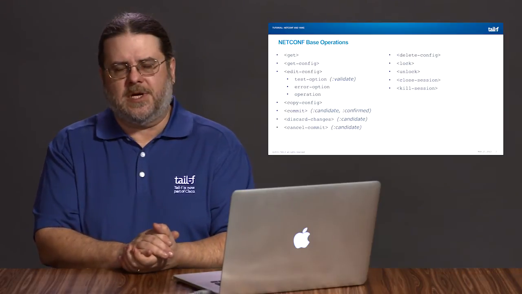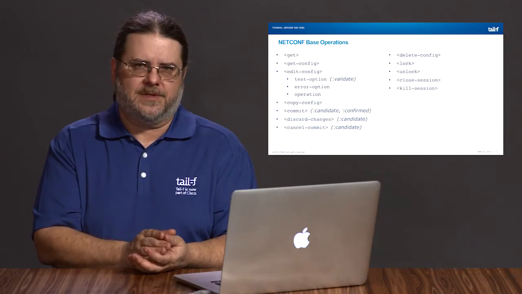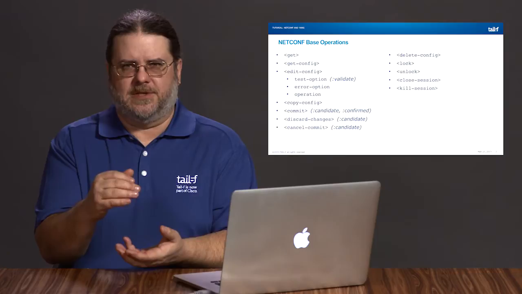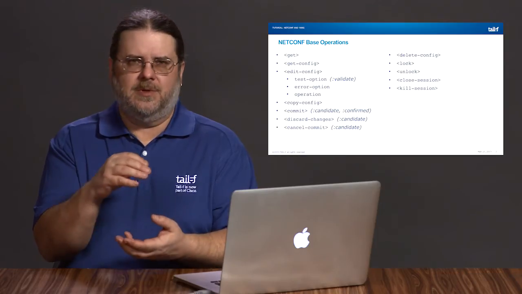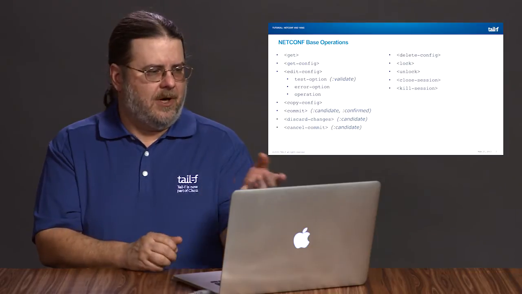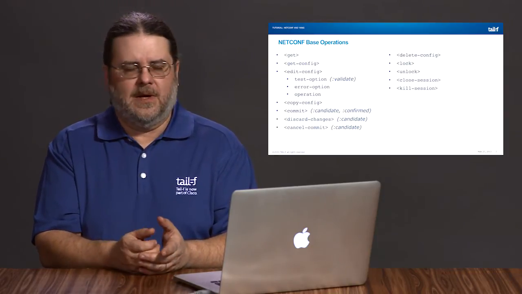EditConfig is how you make changes to the configuration of a device. It specifies the target data store you're writing to and also the values to write. And there are some options available for the EditConfig.